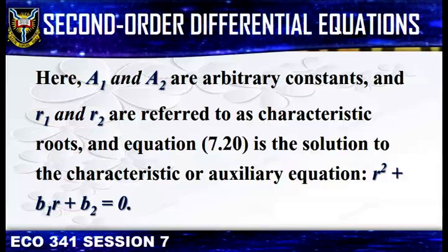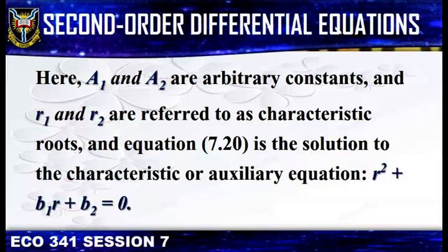Using equation 7.15, yp is equal to 12t over 3 is equal to 4t, equation 7.22. 3. y'' of t is equal to 16. Using equation 7.16, yp is equal to 16t squared over 2 is equal to 8t squared, equation 7.23.